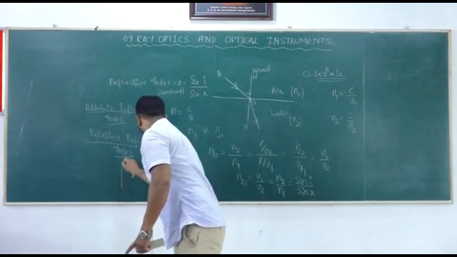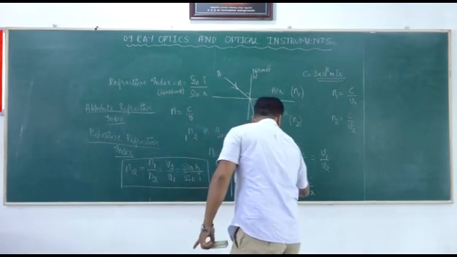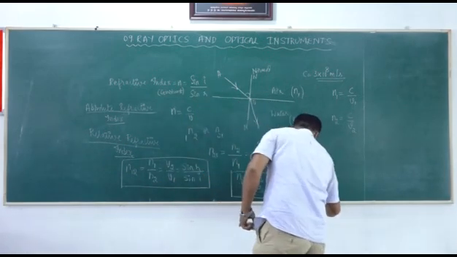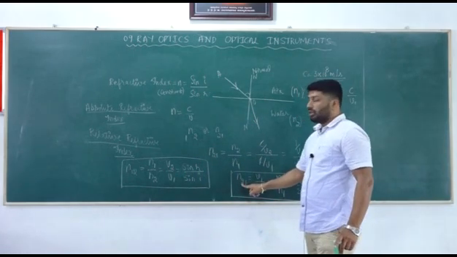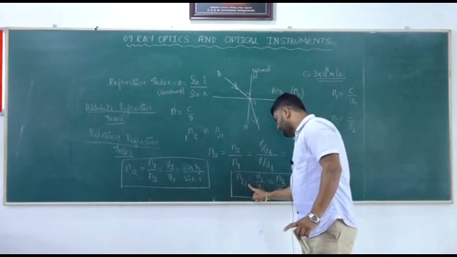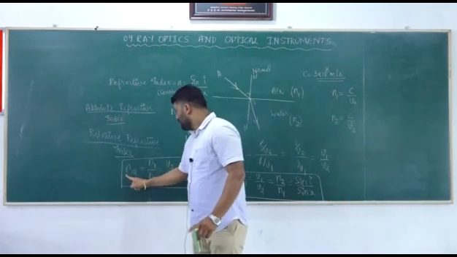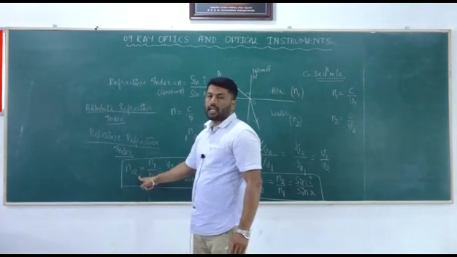So these are the relative refractive indices of any two mediums. This one is the relative refractive index of the second medium with respect to the first medium, and this one is the relative refractive index of the first medium with respect to the second medium.